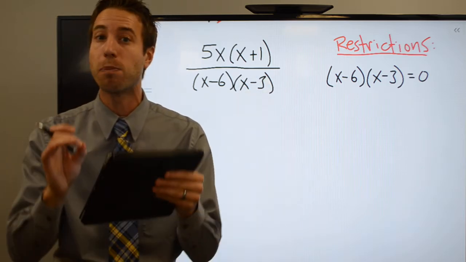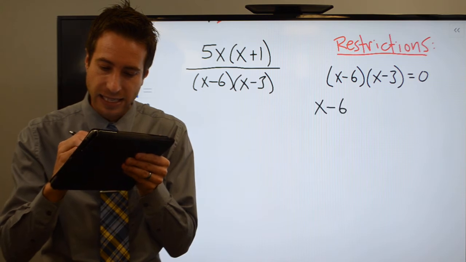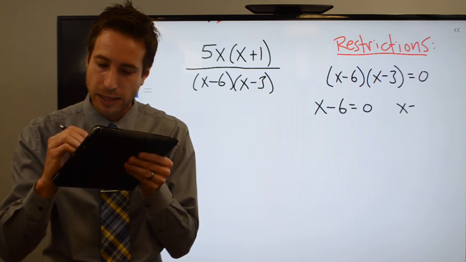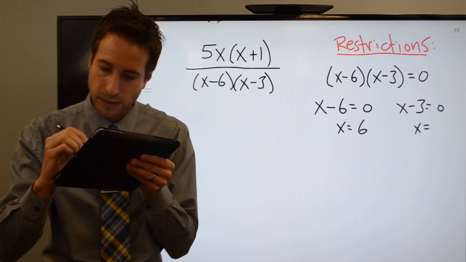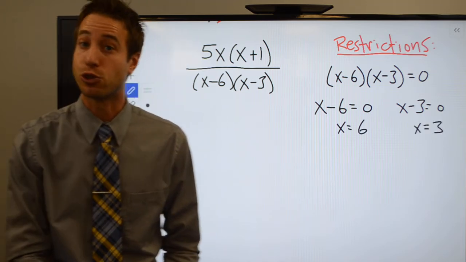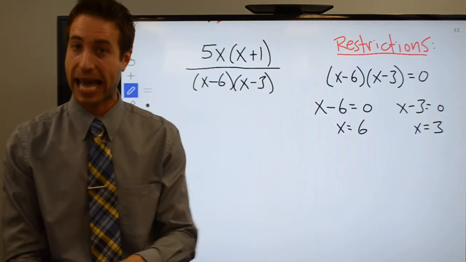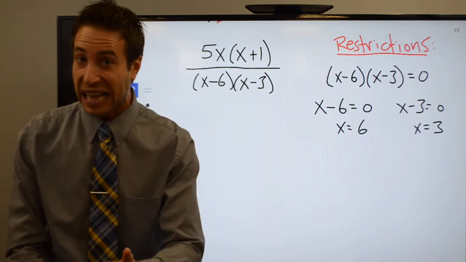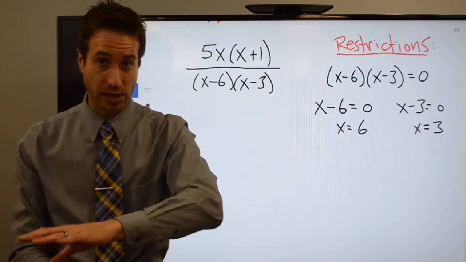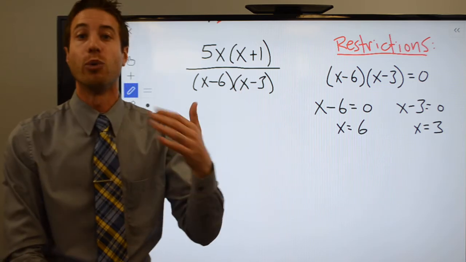So the zero product property allows me to split them up. X minus 6 is equal to 0. X minus 3 is equal to 0. Solve each of them for x. And what I find is that my restricted values are 6 and 3, meaning x cannot be a positive 6 or a positive 3. If you let x be 6 or 3, you're going to wind up with a 0 in the denominator, which is undefined.